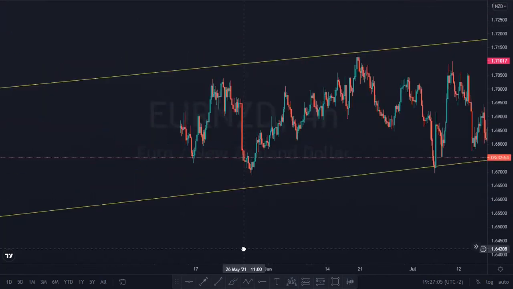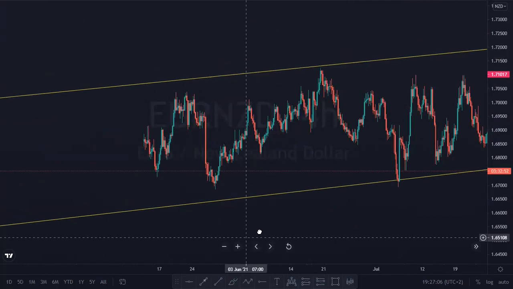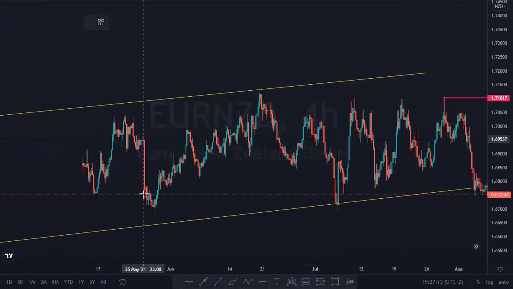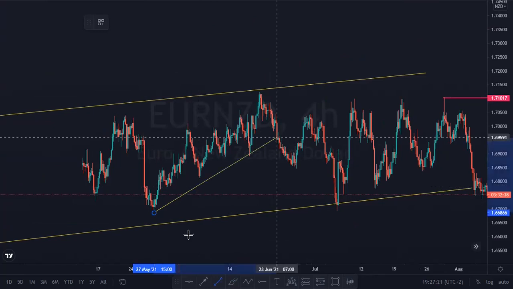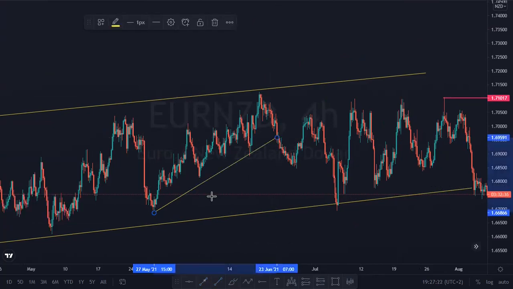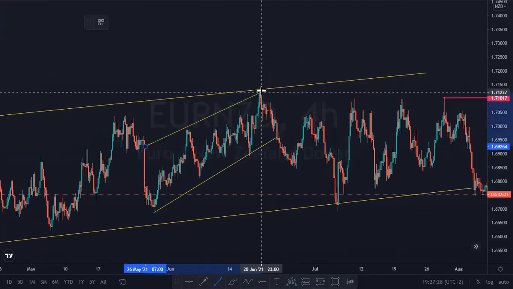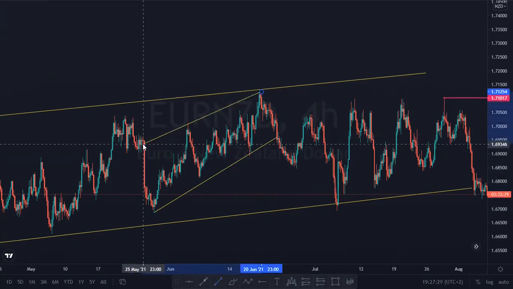I can start even here. You can see that there was a correction here, and there's the impulse, I mean this impulse from here down, and now there was a correction here in an ascending manner. Okay, the price is going up correctively.